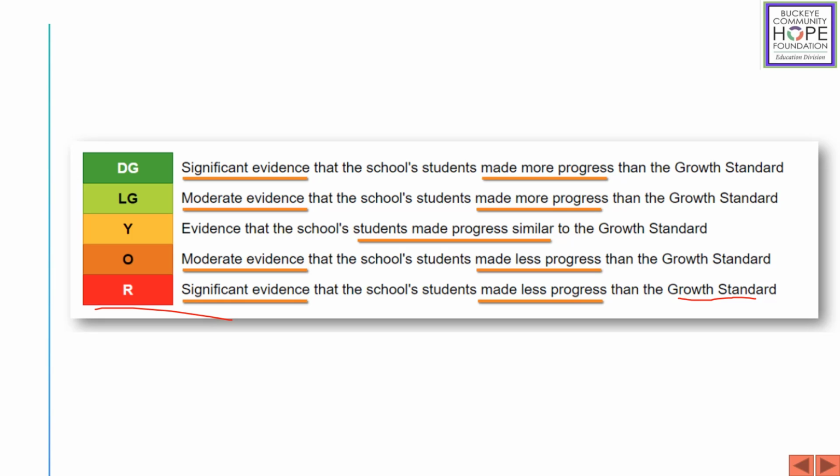Moderate evidence tells me that, well, within 2 standard errors, we do have the possibility. So there's some growth. So there's evidence. It's not as distinct as the significant evidence over the red. All the way up to the dark green, where there's significant evidence that the school students made more progress than the growth standard. What's the significant evidence? The standard error. That's what they use to provide the proof that the calculations are accurate, statistically accurate.